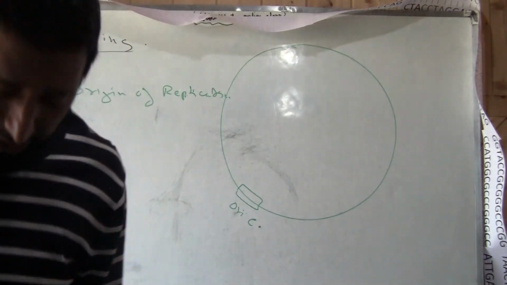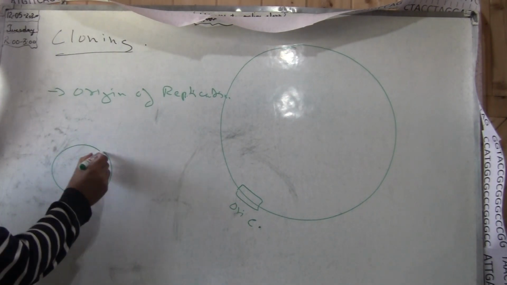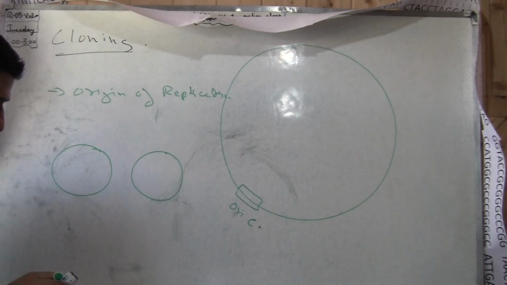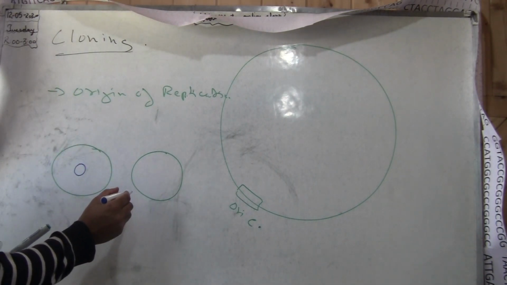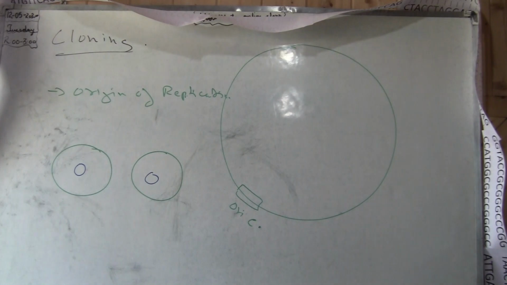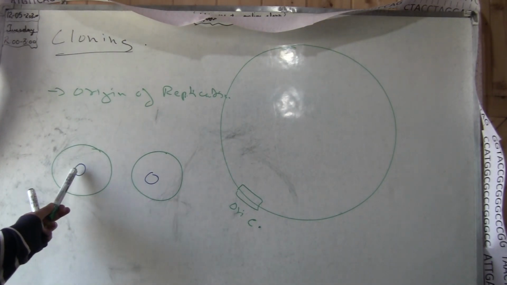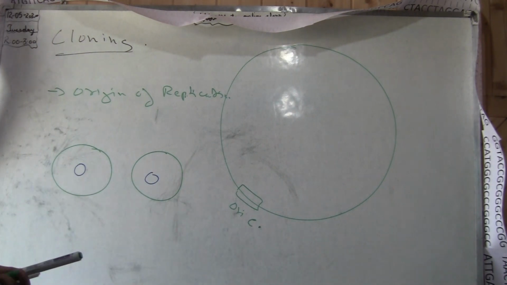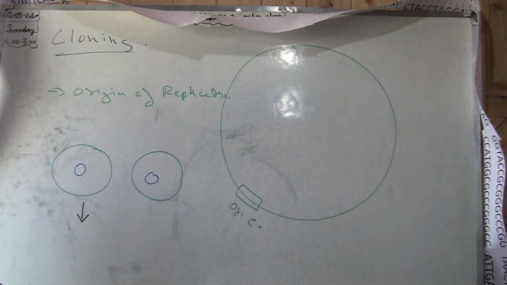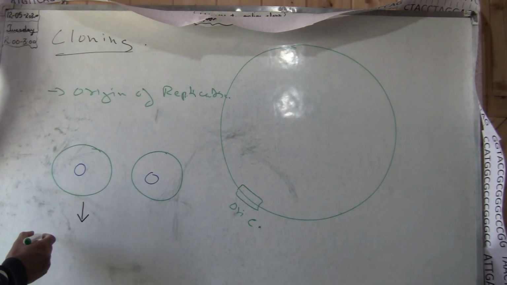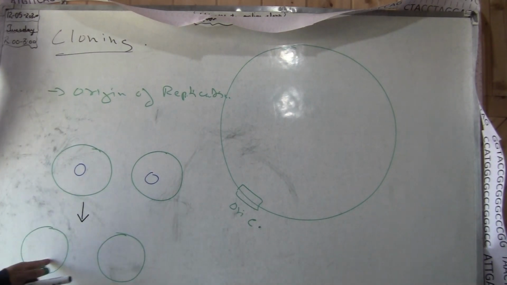What I mean by dispensability is this: for example, you have a bacterial cell and you have this vector inside. If the vector does not have an origin of replication, then in the next mode of reproduction, say binary fission, 2 cells will be formed.